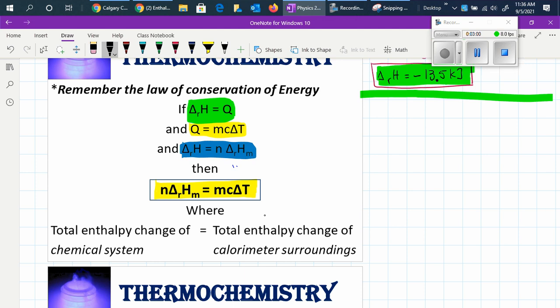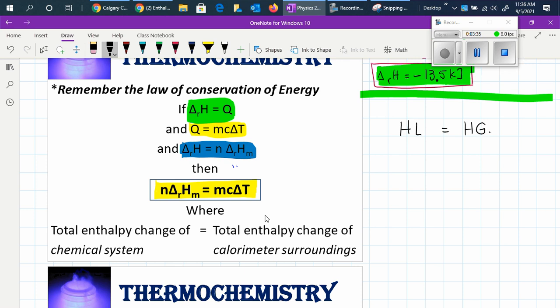More scientifically, the total enthalpy change of the chemical system is equal to the total heat of the surroundings. So the conservation law of energy in the calorimeter is applied like this: heat lost is equal to heat gained.